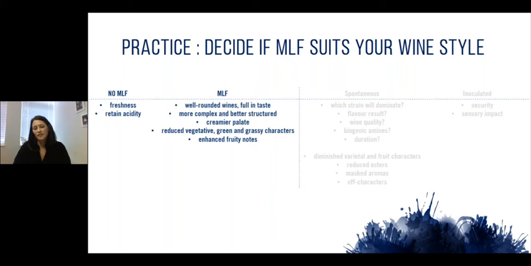Whereas other wines, maybe a Chardonnay or maybe a greener type of red, can really benefit from the sensory impact of malolactic fermentation: softening of the wine, less green characters, more complexity, more fruitiness. So here you really have to decide which impact you want in the wine.